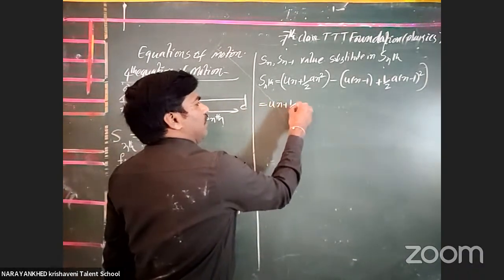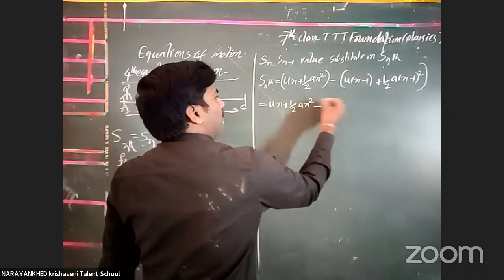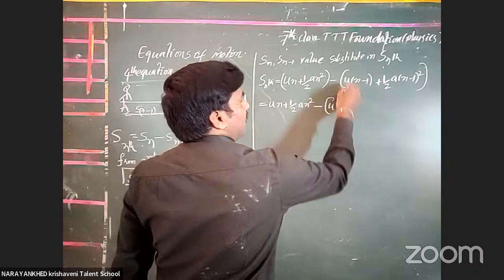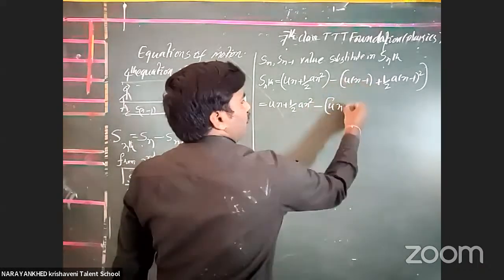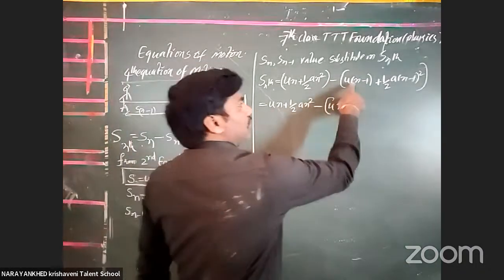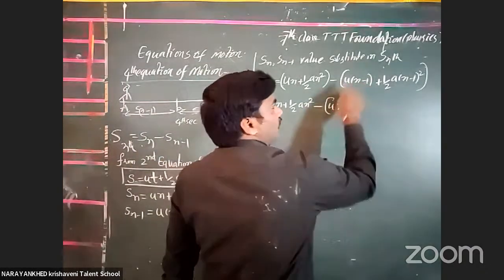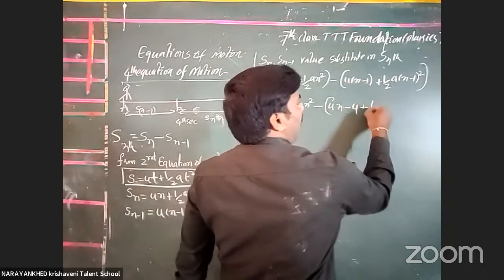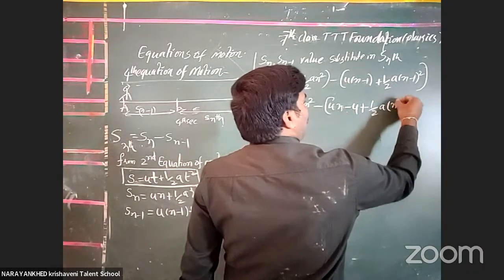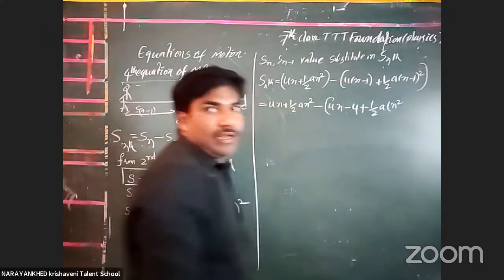u n plus half a n square, minus here you get u n, and as well as u minus u into (n minus 1), u into minus 1. Next, half into a, (a minus b) whole square again.